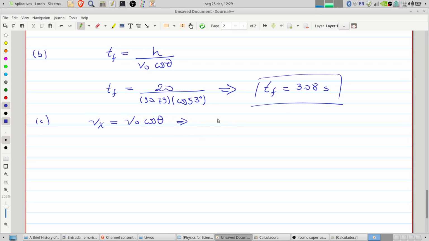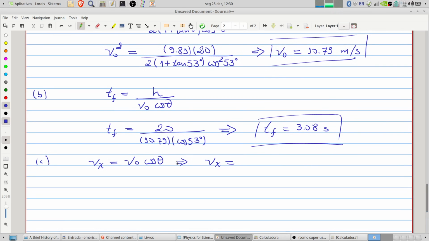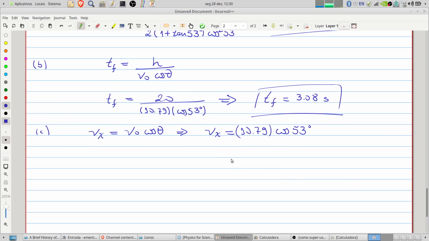Therefore, the velocity in the x direction will be the speed 10.79 multiplied by cosine of 53 degrees.